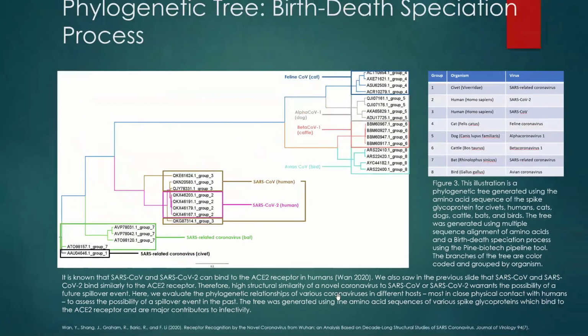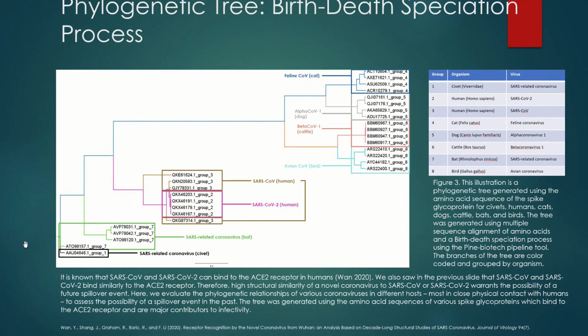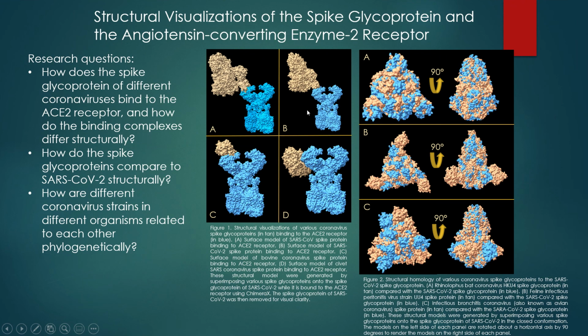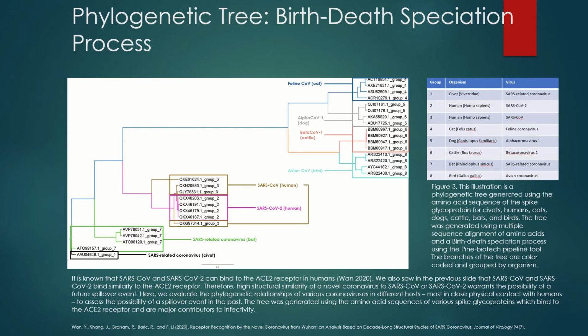And so down here I mentioned that SARS-CoV-1 and SARS-CoV-2 bind to the ACE2 receptor in a similar fashion on the previous slide, panel A and B. Since they bind similarly to the ACE2 receptor, they are similar in structure and binding complex, and they are also close to each other on this phylogenetic tree.